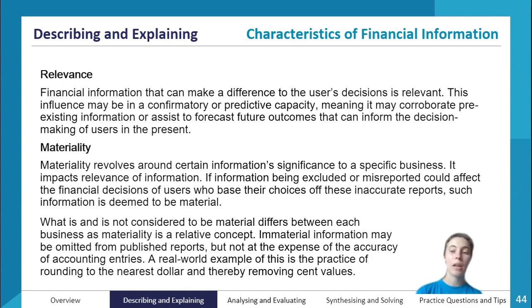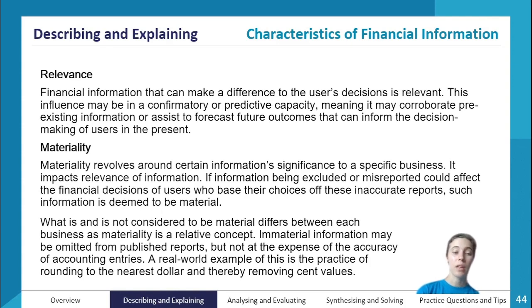So it may corroborate pre-existing information to confirm that it's correct, or it could assist the business, or someone else, to predict the future outcomes that can inform future decision making. So decision making in terms of what will happen to the business, what investors would do, those sorts of things.